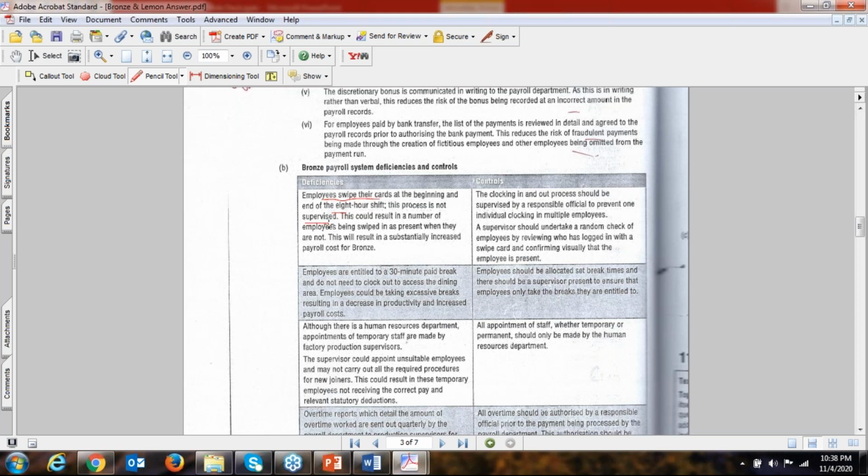This is the same thing. You have to copy paste it. It will save your time. Now, why is it a deficiency? This could result in a number of employees being swiped as present when they are not. That is why it is a deficiency, and this is the impact: this will increase payroll cost for firms.